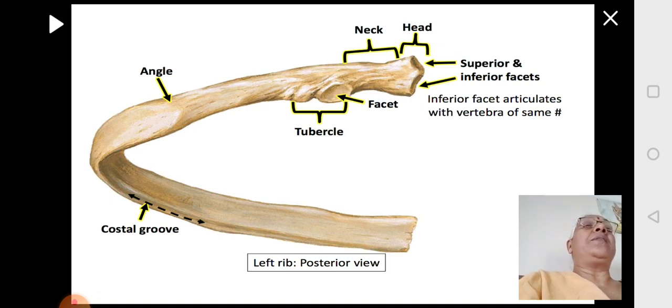In the head region, there are facets for articulation, superior and inferior facets. Now, the inferior facet will articulate with the thoracic vertebra. If you remember, when we did the thoracic vertebra, it has 2 facets, one on the body, one on the transverse process. On the body, it will articulate with the head of the rib.